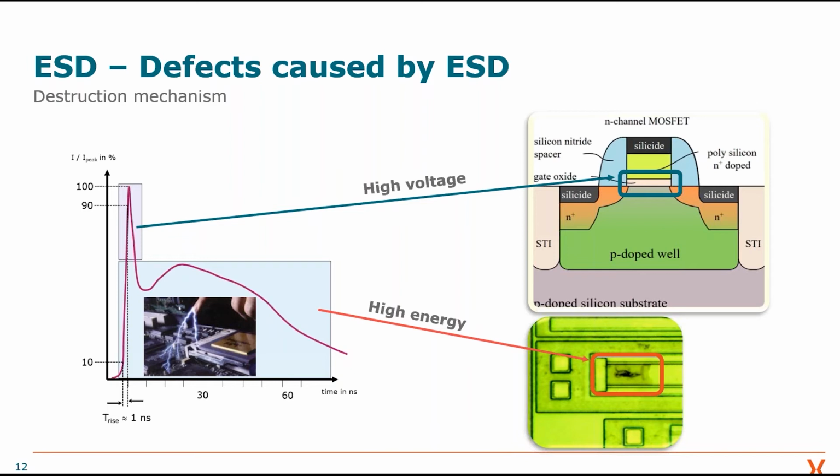The shoulder, or the second peak, contains a lot more energy and has a longer duration. This causes electrical overstress, so here we have thermal destruction. When people are talking about an EOS failure, this comes from this shoulder or from a high surge event. But in both cases, we have the physical layers destroyed.